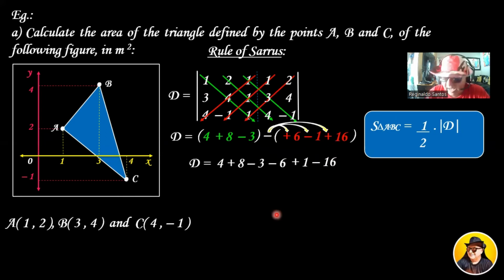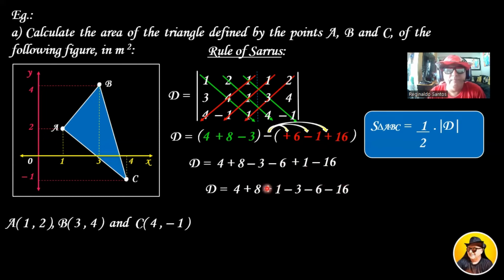Very good. Now, see what we are going to do. I use to organize the positive numbers together, like 4 plus 8 and +1. And the negative, get them together: -3, -6, and -16 here.